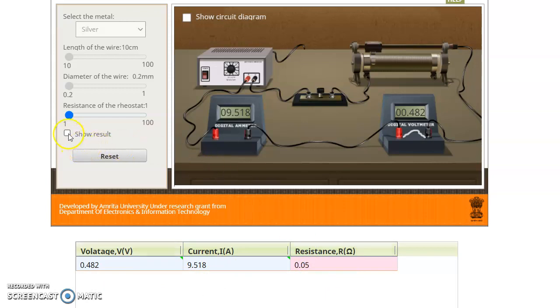And let us find out, if the resistance is this much, what is the resistivity? So when we used the silver metal, silver being the best conductor, the resistance comes out to be 0.05 ohm, and the resistivity is 1.59 into 10 raised to the power minus 8 ohm meter. So this is for silver.